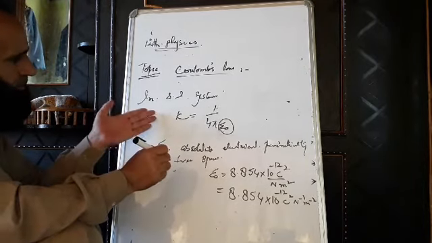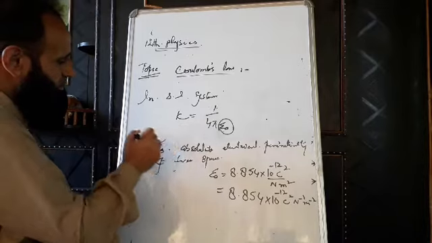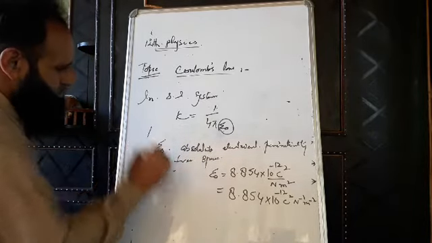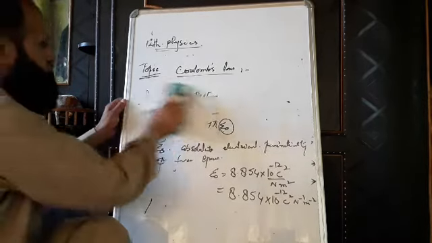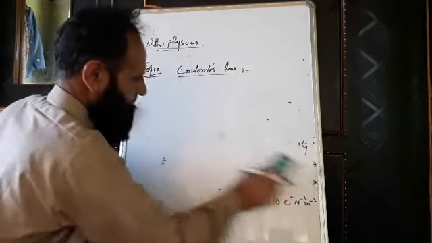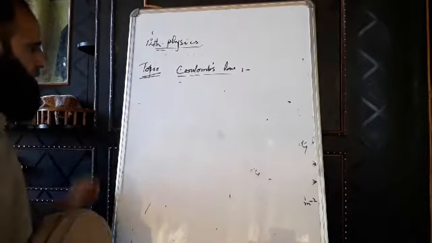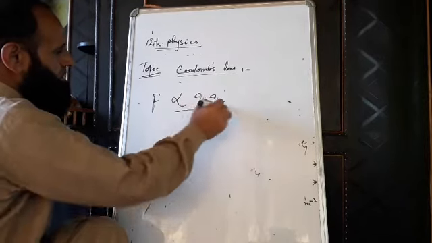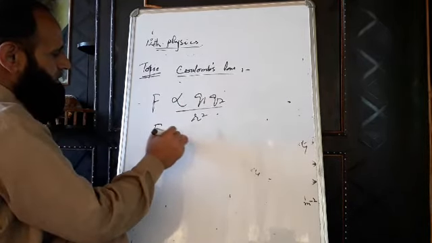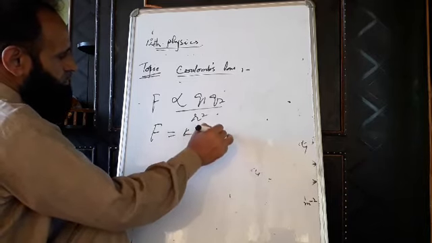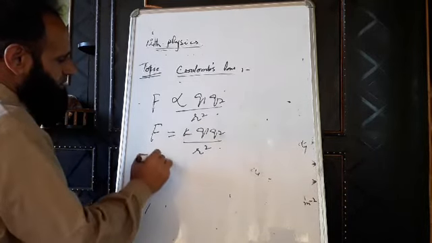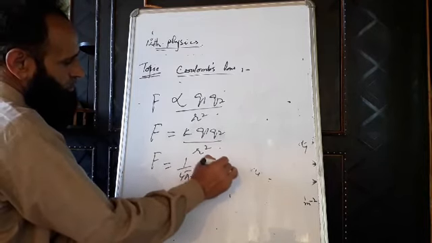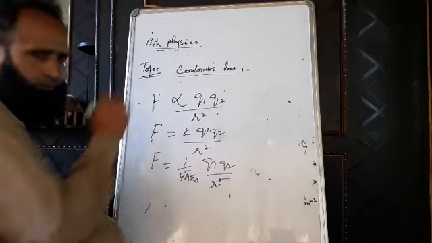After that, we can find the value. For example, we know that the force F is proportional to Q1 Q2 by r square. Instead of F proportional, we can write F equals K Q1 Q2 by r square. Instead of K, we can write F is equal to 1 by 4 pi epsilon naught Q1 Q2 by r square.